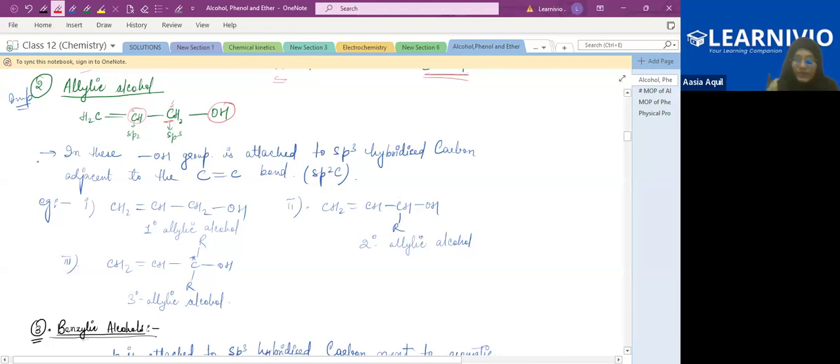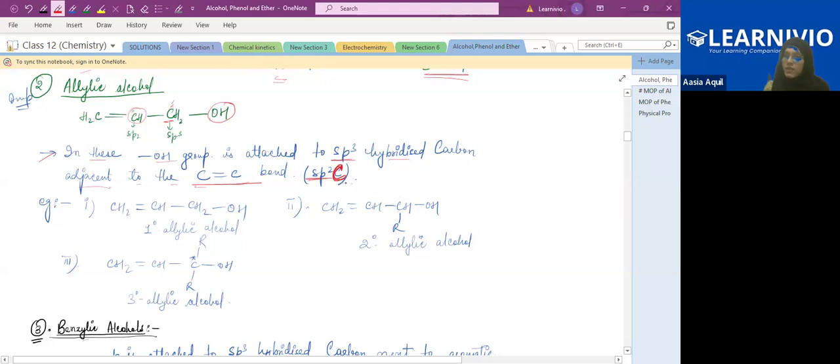Just write down: in this, the hydroxyl group is attached to an sp3 hybridized carbon which is adjacent to the carbon-carbon double bond, meaning sp2 hybridized carbon.